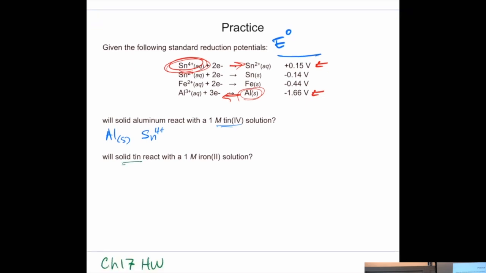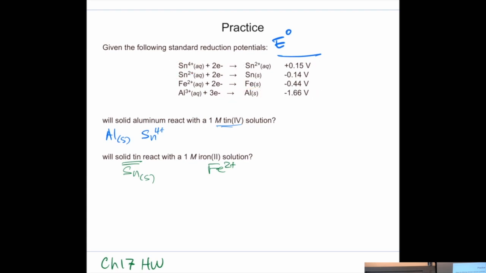Will solid tin react with a 1 molar solution of iron 2 plus? What do you think? Will it react? Who thinks it will react? Who thinks it won't react? Let's take a look at what we have going on here.